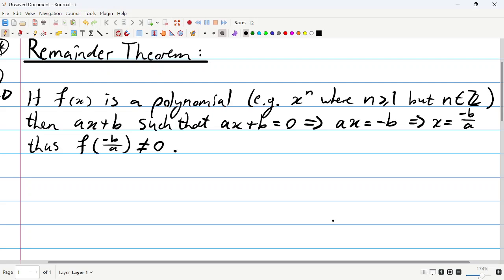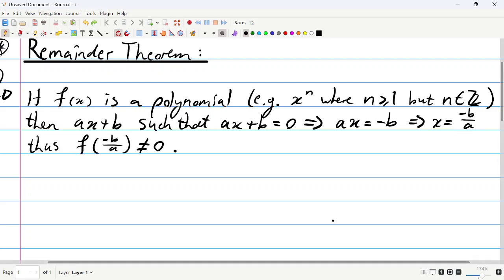So if f of x is a polynomial, like a parabola, a linear function, a cubic function, which we're going to go into later, anything like that, then ax plus b is a root, I should have added that, so I'll add that at the end of the video, such that ax plus b equals 0, which implies that x is equal to negative b over a when we solve for x.